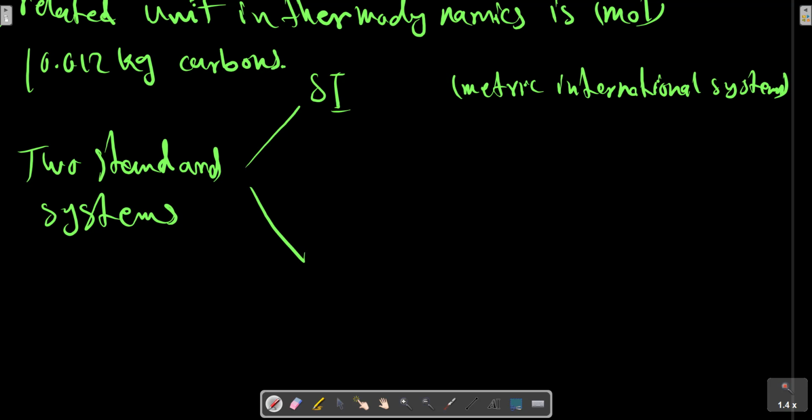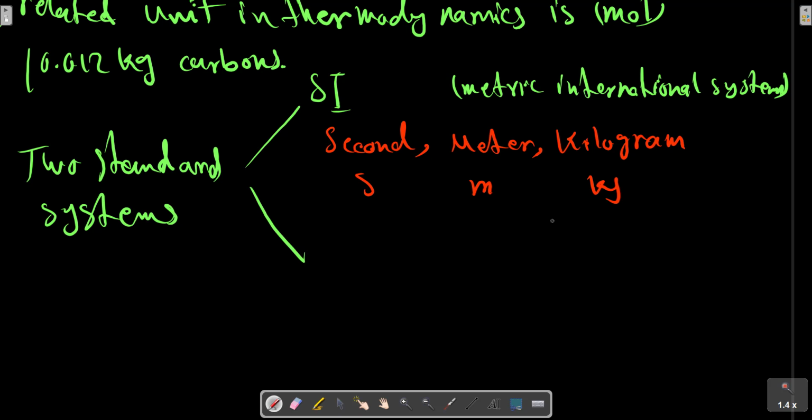In this system, the second, meter, and kilogram are the basic units. As just defined, a unit of force is defined directly from Newton's second law, which is F = ma.